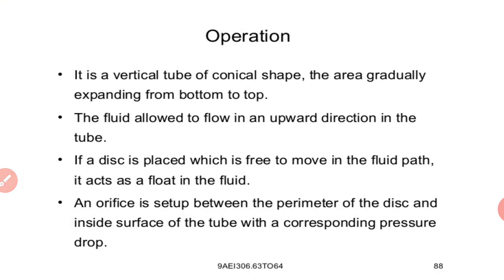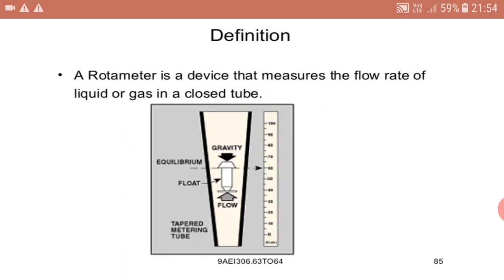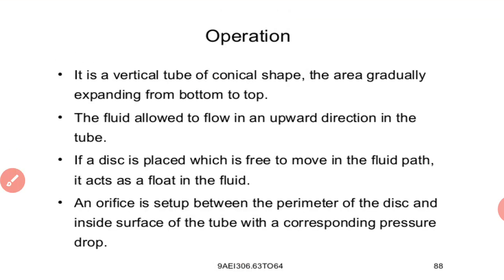Now we will discuss the operation. It is a vertical tube of conical shape, with the area gradually expanding from bottom to top. Here we can see that the area here is very small and it gradually increases, and at the top it is maximum. So this is the special arrangement.